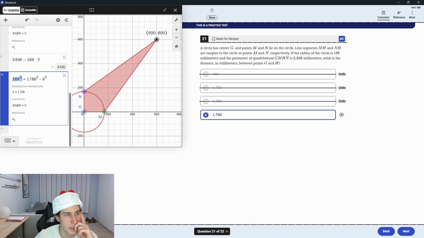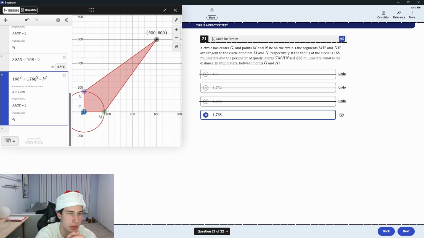So we know our radius is 168 squared plus this number squared is our h squared. So essentially we're solving for what is h, and it's like a triangle pretty much. It's the Pythagorean theorem. So it's the distance between G and H, like our hypotenuse in a way.